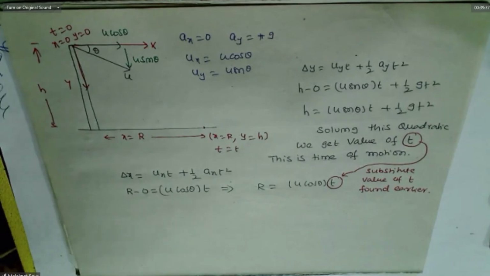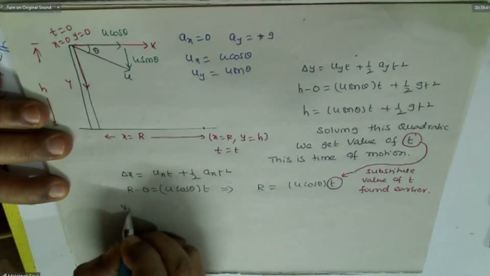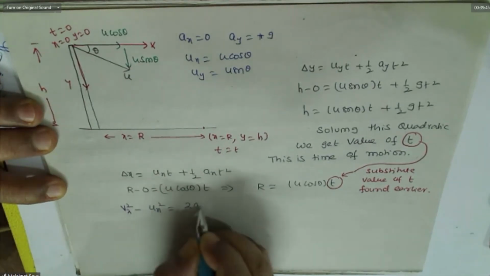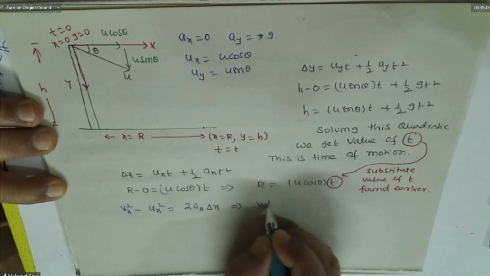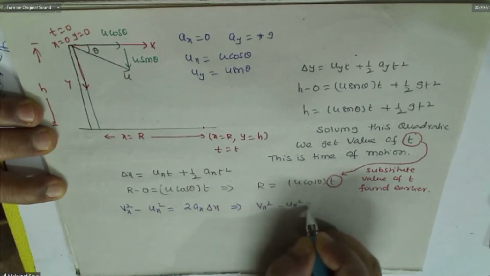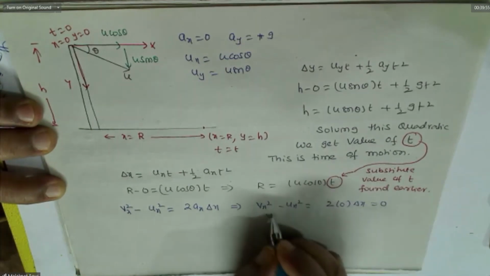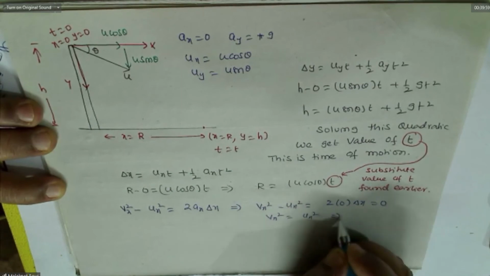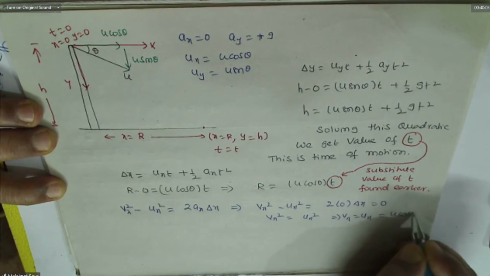After that, your wish, you can use this also: v square minus u square equals 2a.